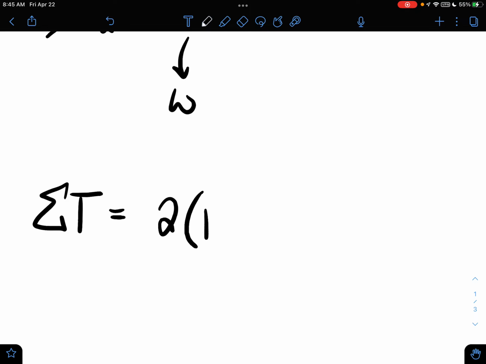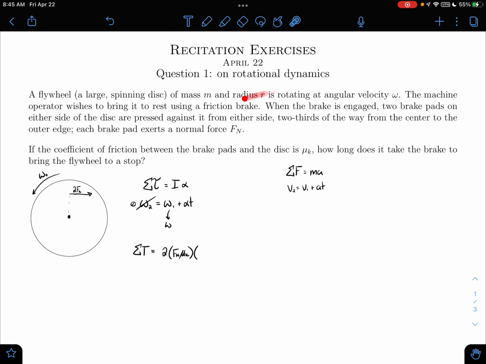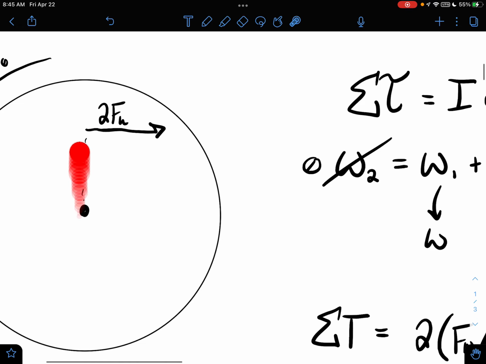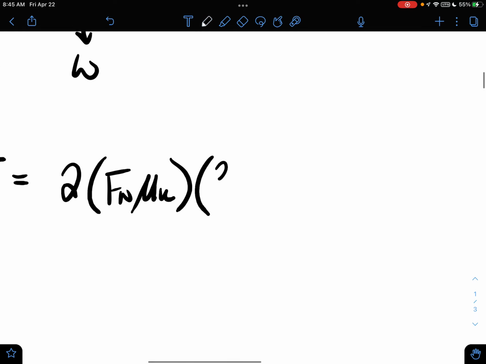I'm going to just put that here: Fn times mu k. And now we just multiply by the radius, right? And it's not going to be the radius of our circle. It's going to be our distance to our pivot, which we were told was 2/3 of that. So that's going to be 2/3 of r.